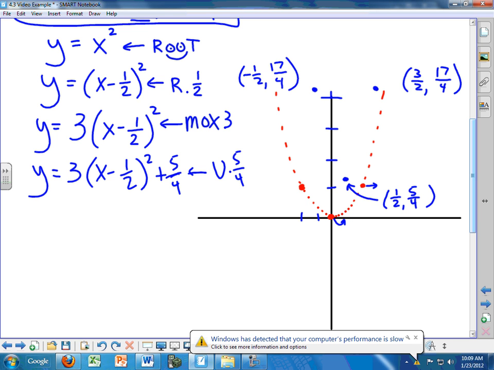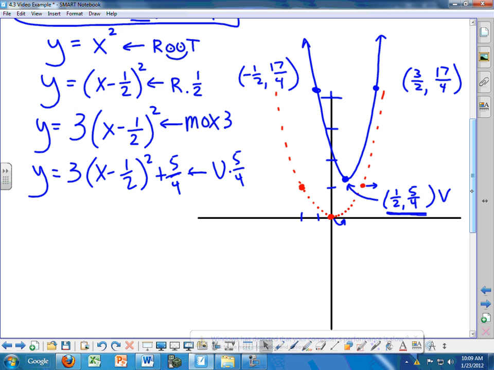We'll put it in right there. So that was a very tricky couple of points to transform. Not so much the origin point, which turns out to be at 1 half, 5/4. That's going to be our vertex point. But the other 2 points, the ones that transform from 1, 1 and negative 1, 1, are very difficult.